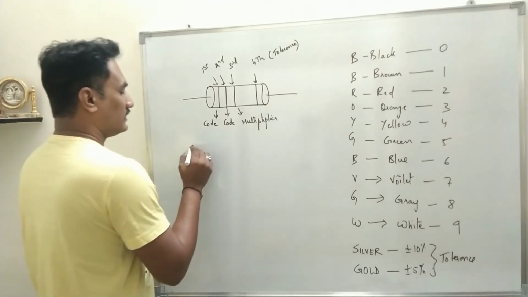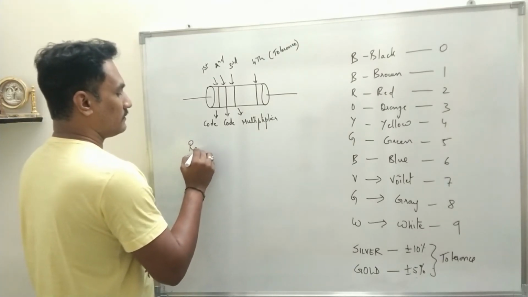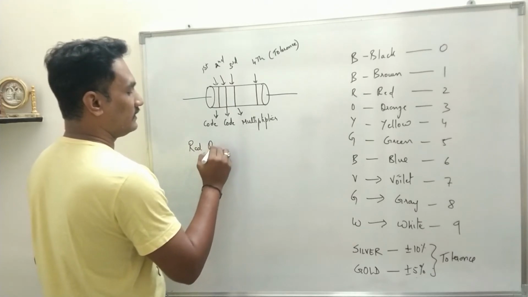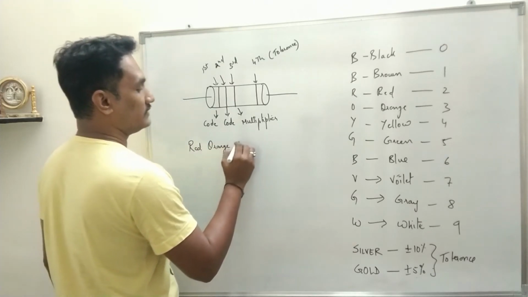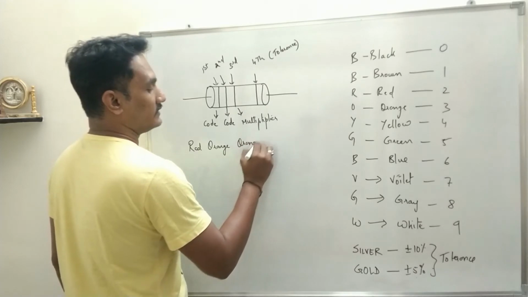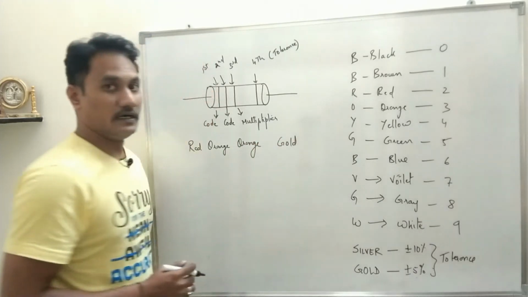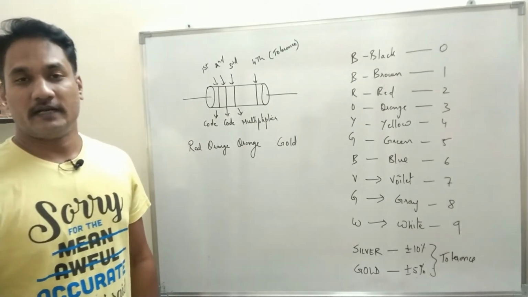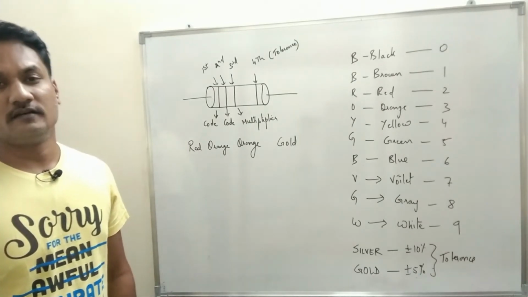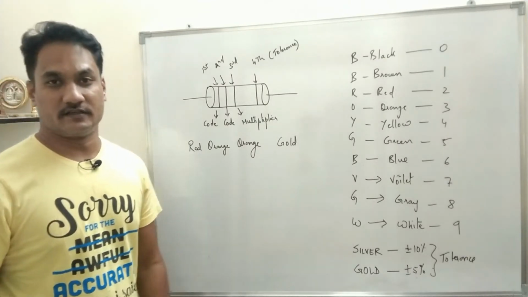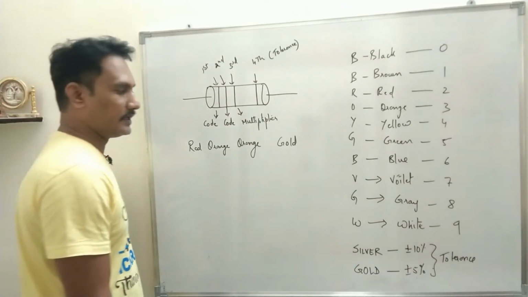Say the first is red, orange and gold. Mostly the fourth band will be gold because it comes with very small variation. The tolerance level is much better as compared to silver.